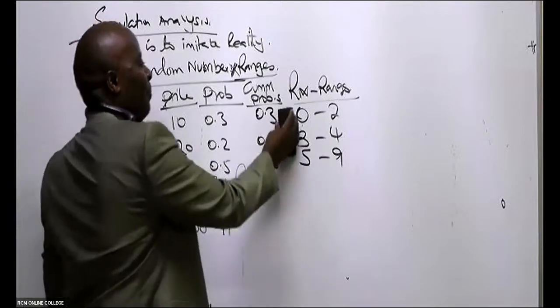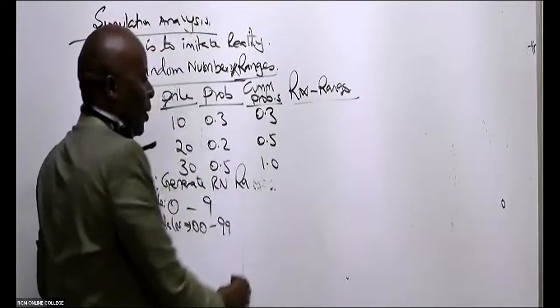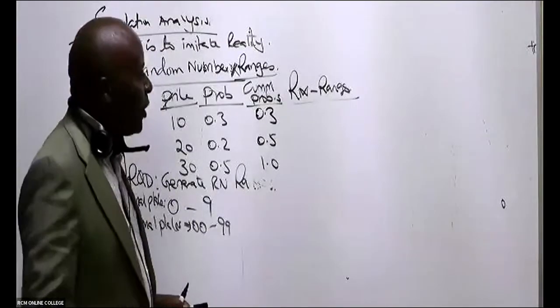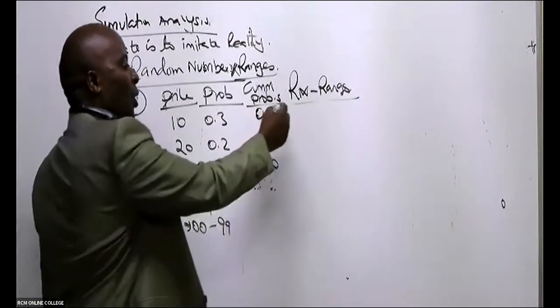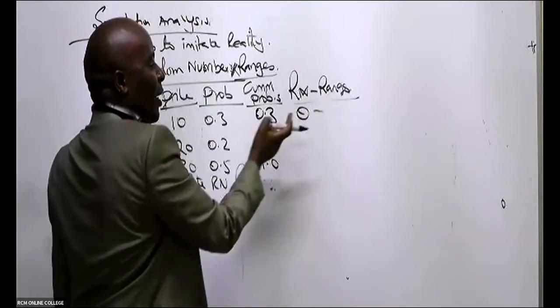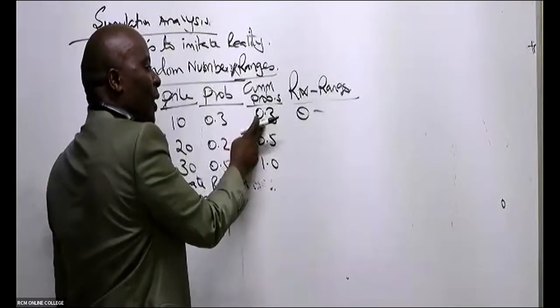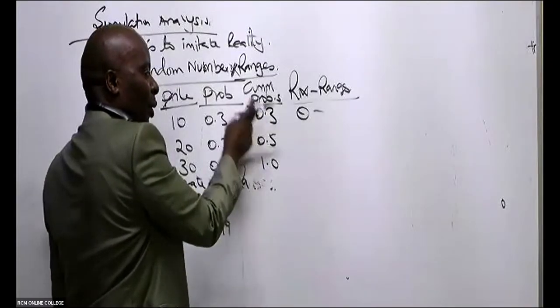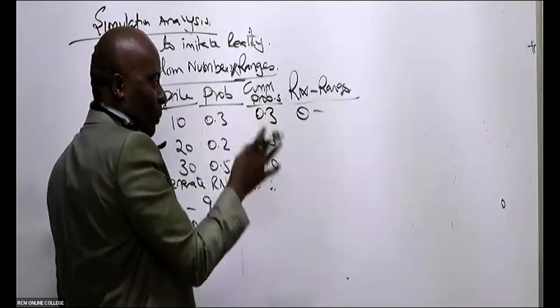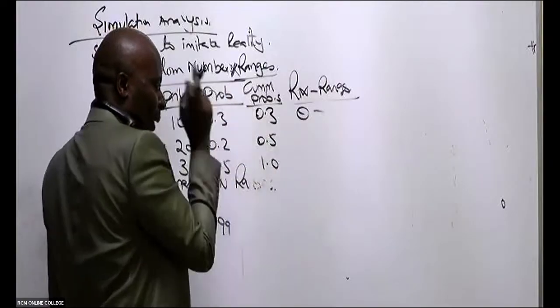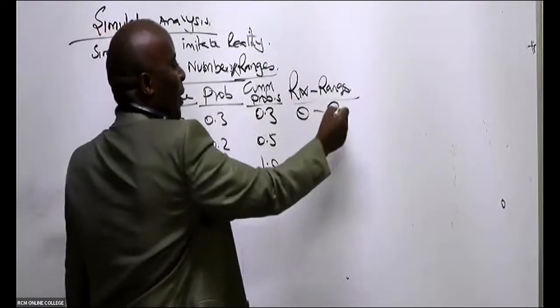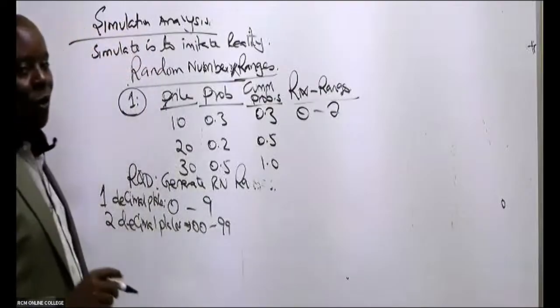Let me repeat this. How do we get these random number ranges? You begin from 0. Then for the upper limit, you read the cumulative probability as if it's a whole number, which is 3, and always take this number minus 1. So 3 minus 1 gives me 2. Then we go to the next class.